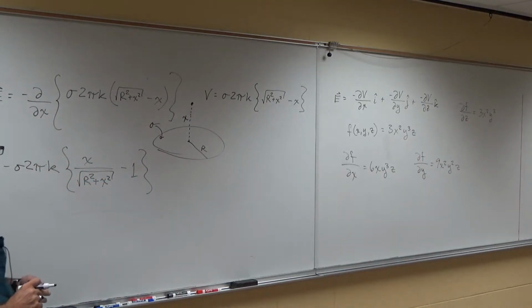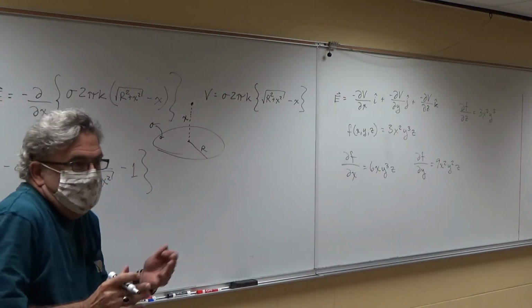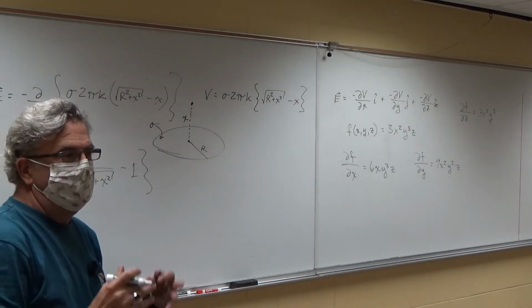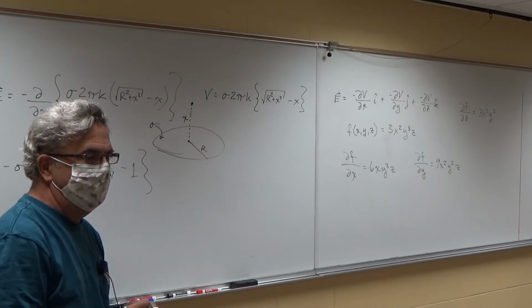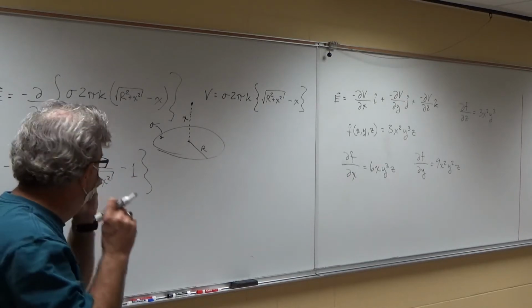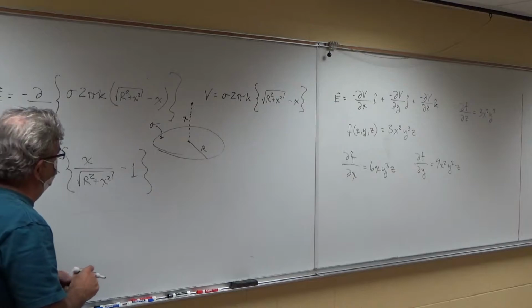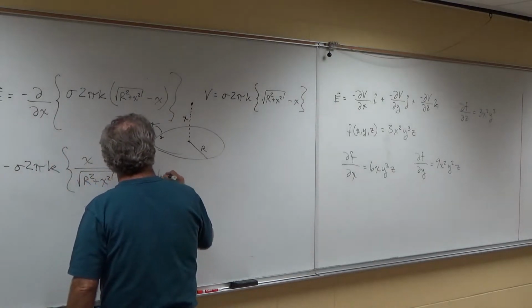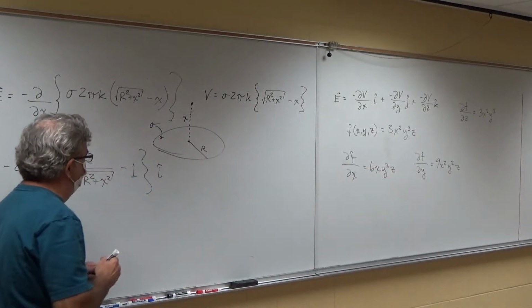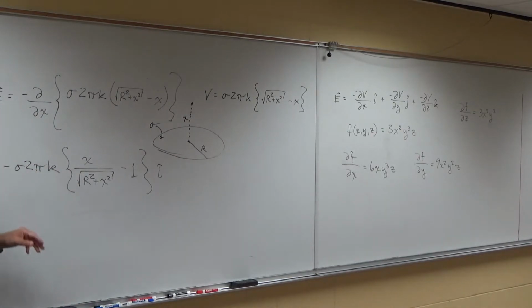That's dead simple. There's no y and z to worry about. Pull the negative inside. Oh, I need an i hat. It's a vector.